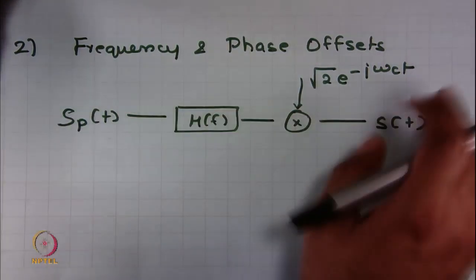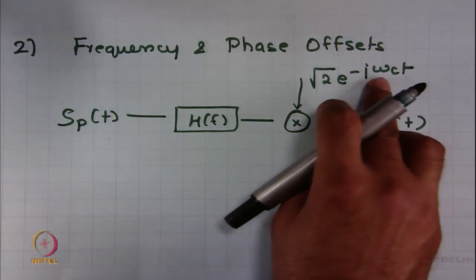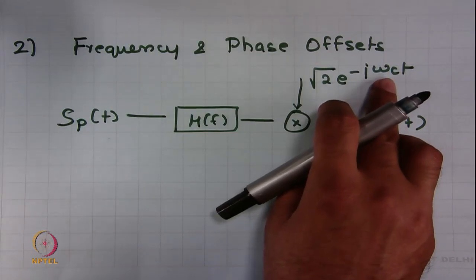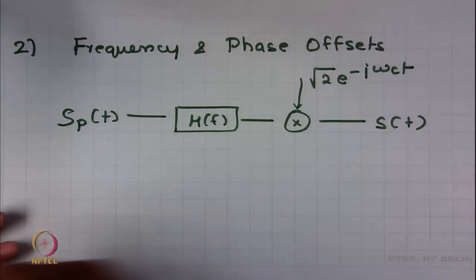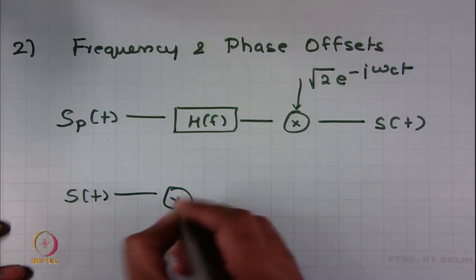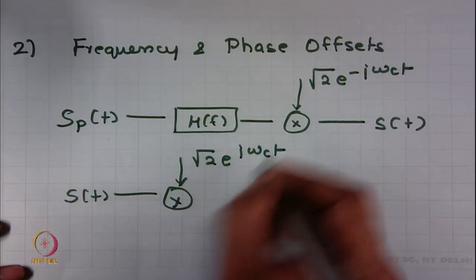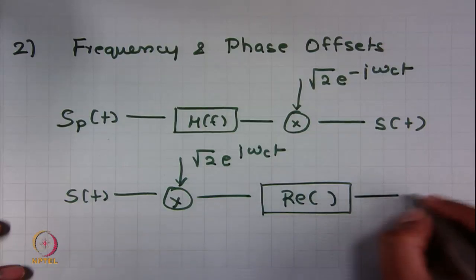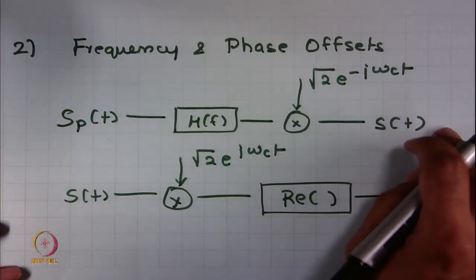You will have noticed that this rotating complex exponential should be synchronized to the rotating complex exponential that you used at the transmitter. At the transmitter, remember that we had S(t) multiplied by root 2 e to the power j omega c t, then we passed it through a system which takes the real part, and it was giving us SP(t). So, this was at the transmitter and this is at the receiver.